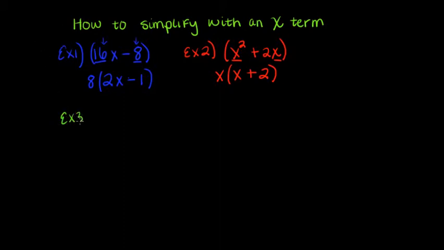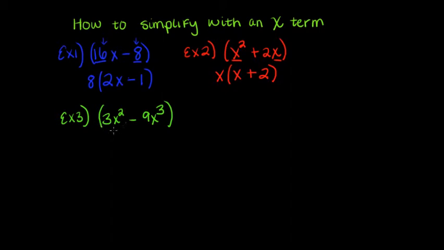Example number 3, we are given 3x squared minus 9x cubed. All right, let's take a look and see what is our highest value for the number that we can take out as well as x.